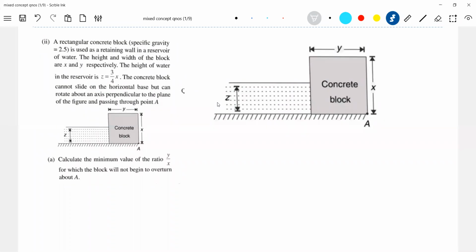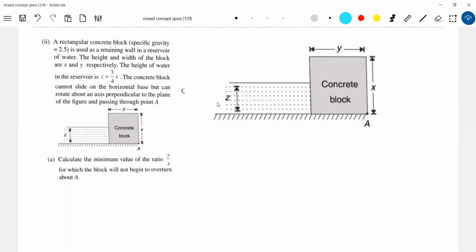What the water will do is try to push it, and it is hinged about point A. You can say the concrete block cannot slide on the horizontal base, but can rotate about an axis passing through the plane of the figure and passing through point A. So this liquid will exert a force, the water will exert a force. Will it set up any torque? Yes, there will be torque.